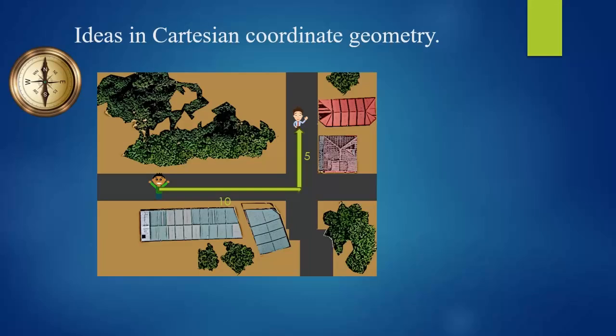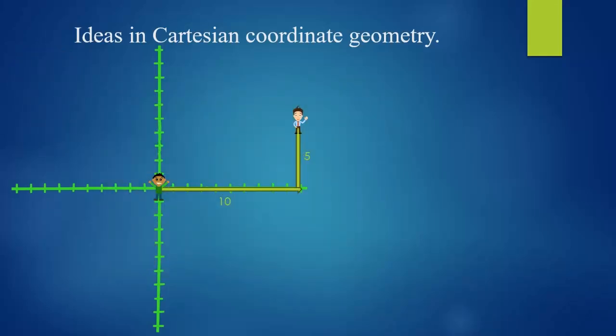So to deal with such situations, we introduce a coordinate system called the Cartesian coordinate system, which is basically a 2D grid. So this 2D grid has a number line going from west to east called the x-axis, going from negative x to positive x, and similarly it has another number line going from south to north perpendicular to the previous number line.